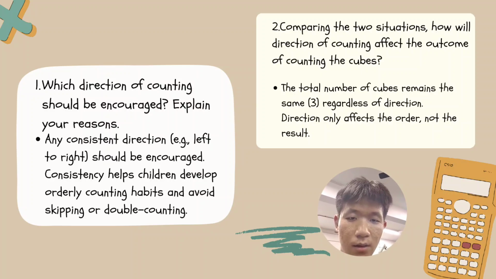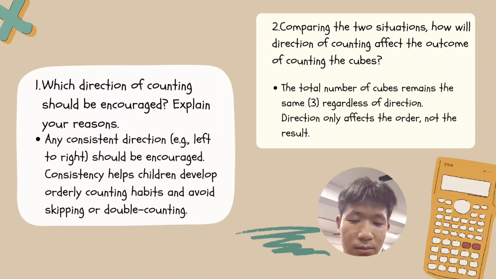Second, comparing the 2 situations, how will the direction of counting affect the outcome of counting the cubes? The total number of cubes remains the same, regardless of direction. Direction only affects the order, not the result.